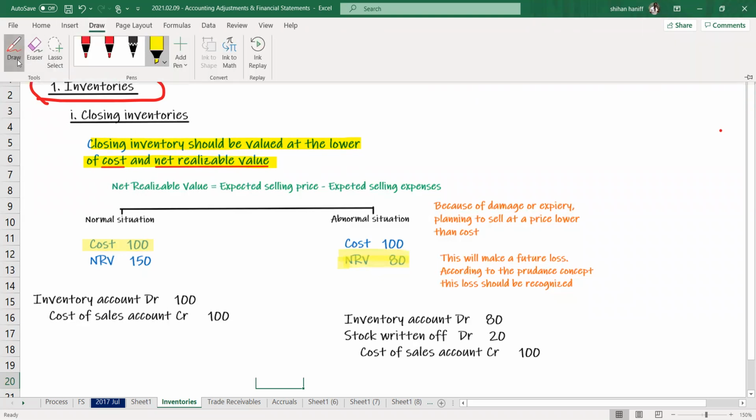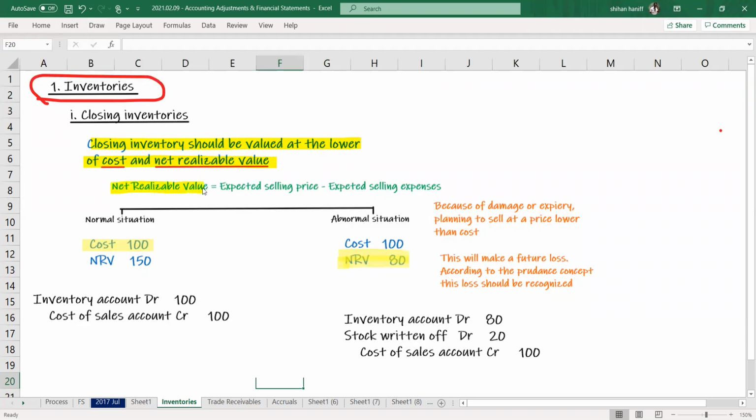Net realizable value is equal to expected selling price minus expected selling expense. That is NRV. Right, I will explain what is NRV.